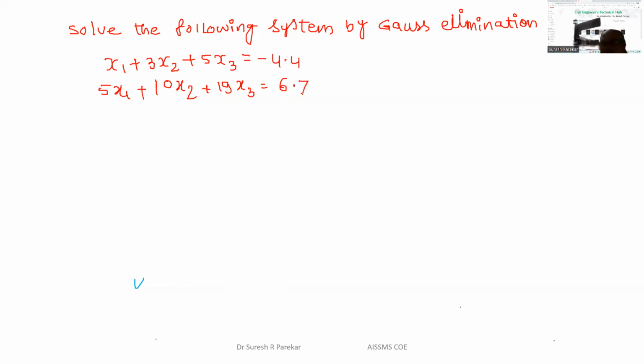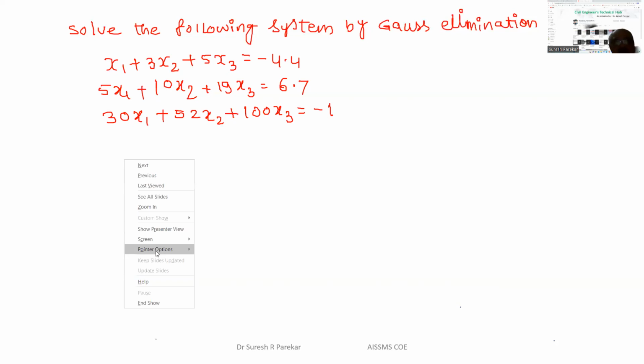And the third equation, we have 30x1 plus 52x2 plus 100x3 equal to minus 1. So we have this problem and we have to solve this problem.